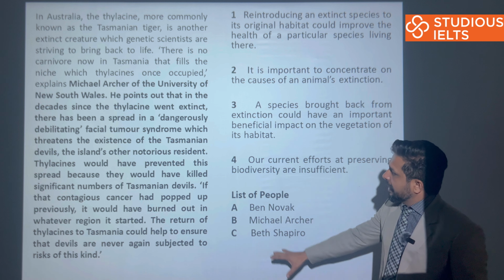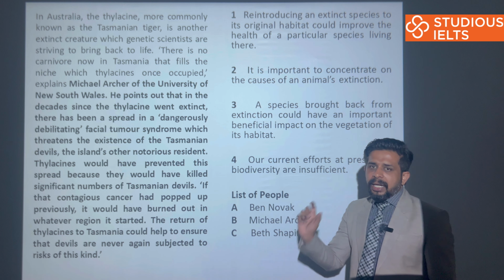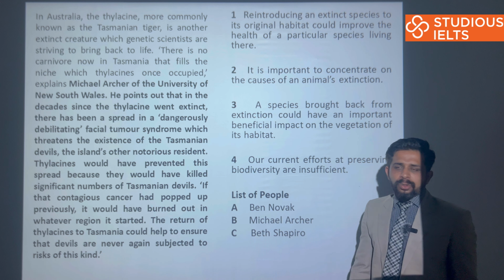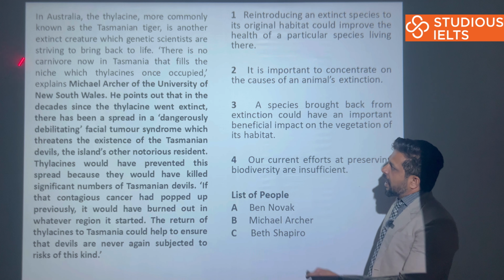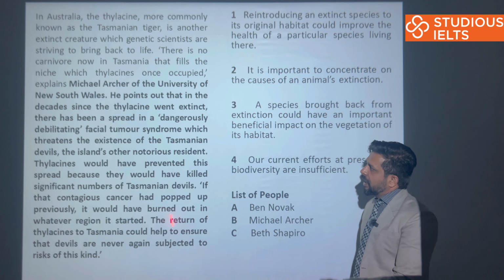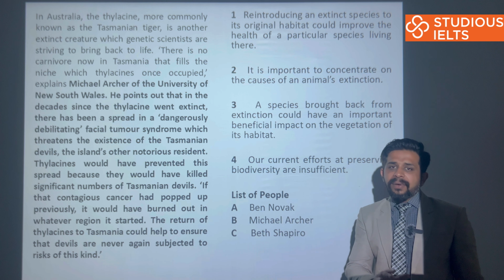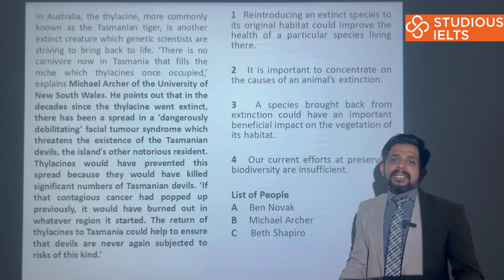You can clearly see the entire part which has been highlighted in the passage is the statement said by Michael Archer. So Michael Archer is the one who is available in the options, and Michael Archer's statements have been elaborated here completely. So first we will have a look at these questions, then we will deeply analyze it, deeply understand it, where does it match.